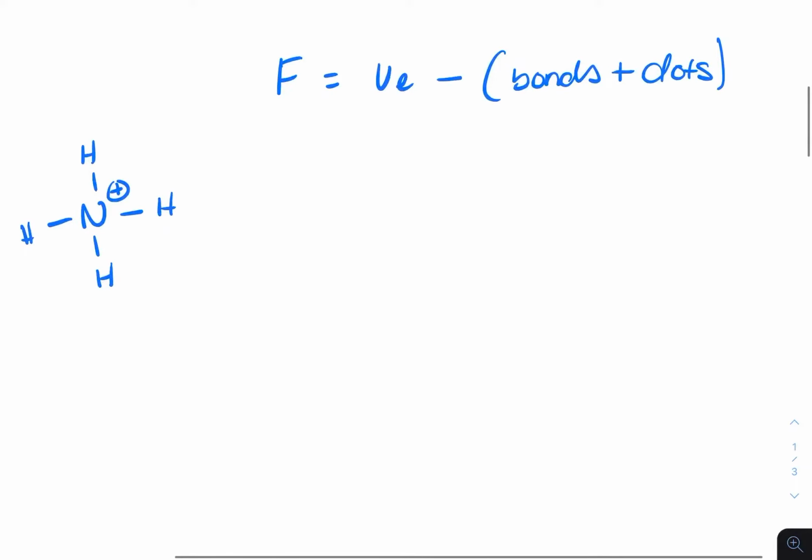So nitrogen is in group 5. That's how you can tell the number of valence electrons, by the group number, as we discussed in the previous video on bonding. So it has 5 valence electrons minus the sum of bonds plus dots.